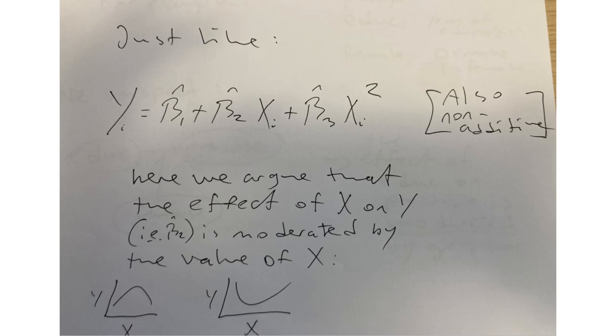Well, this is also a non-additive model because the model argues that the effect of x on y is moderated by the value of x. So the effect of x on y, that is beta 2, is moderated by the value of x. Either it's moderated by x in this way, like a ball shape, or it's moderated by x in this way, in a U shape.